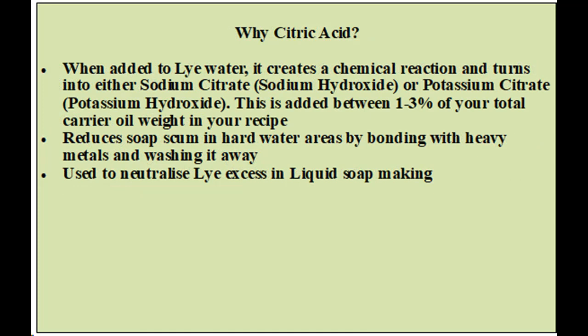For bar soap, sodium hydroxide, when combined with citric acid, creates a reaction and it creates sodium citrate. The same for potassium hydroxide: when it comes into contact with citric acid, it creates potassium citrate.